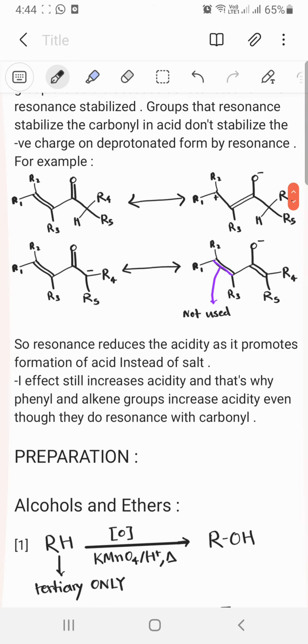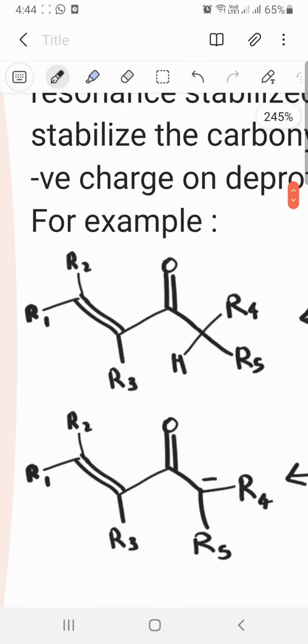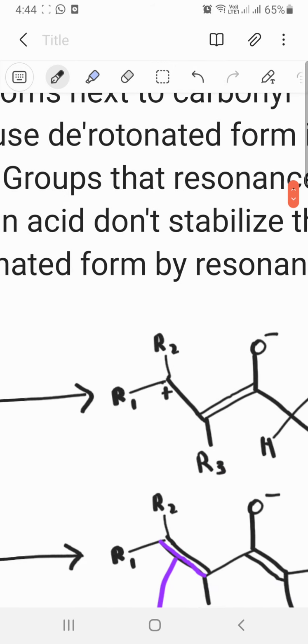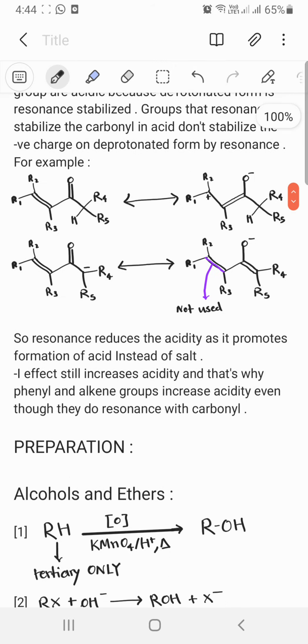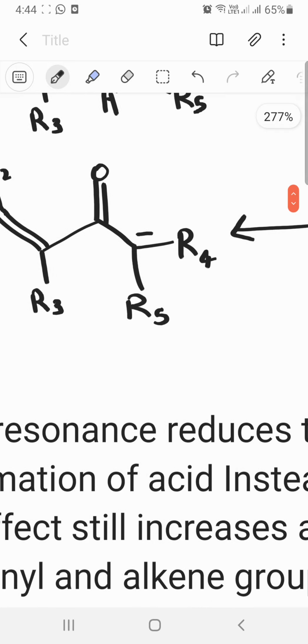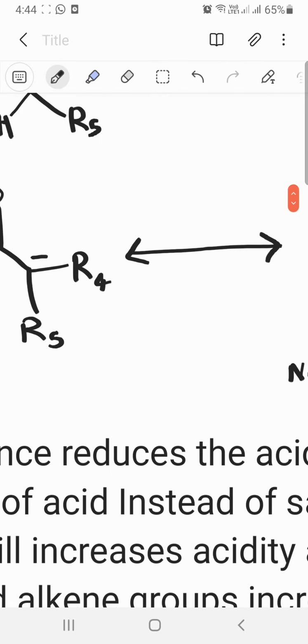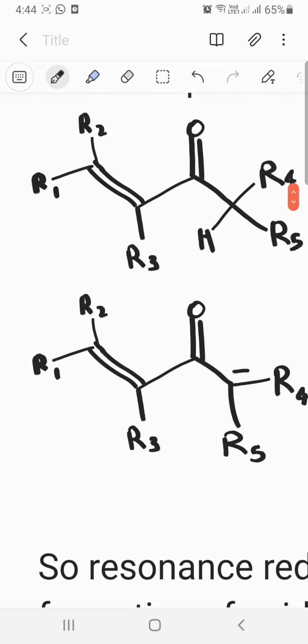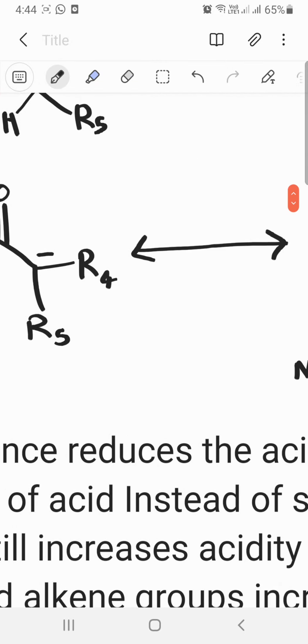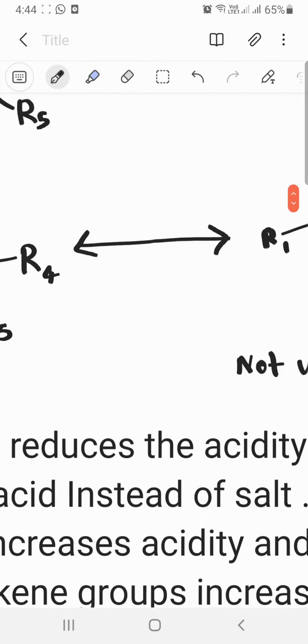So for example, in this, the original molecule is resonance stabilized, but after removing the H over there, this negative charge is not resonance stabilized by this alkene, by this pi bond between carbon and carbon. Instead, it's only resonance stabilized by that carbonyl group.